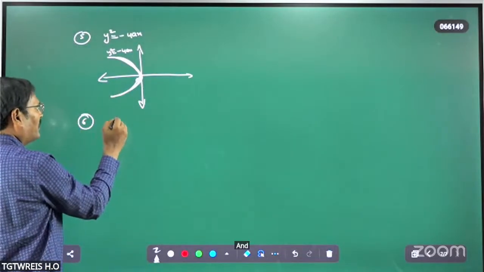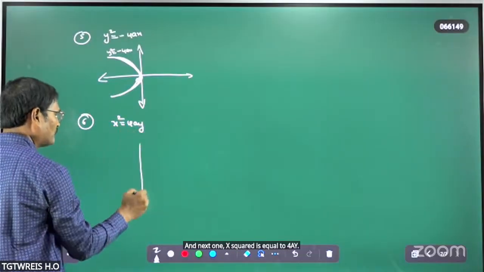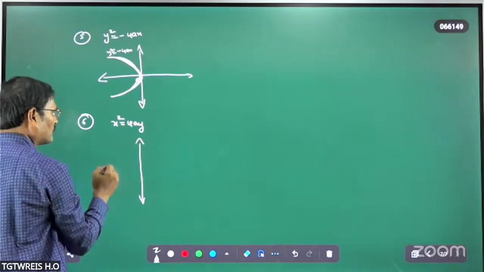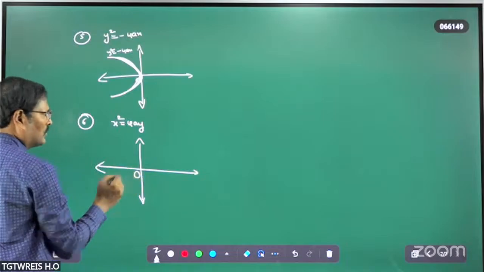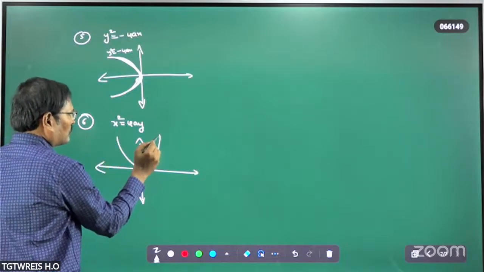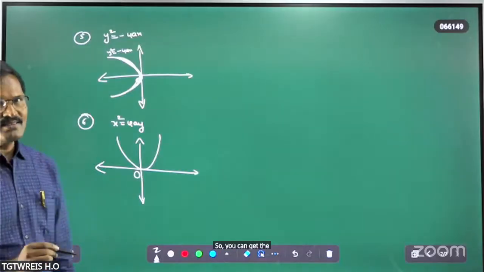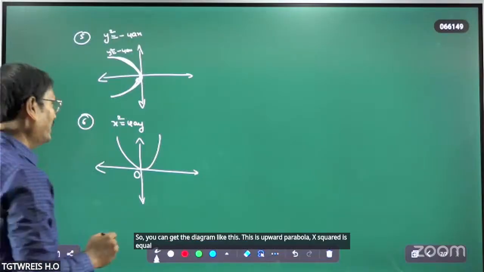And next one, x square is equal to 4ay. So you can get the diagram like this. This is an upward parabola, x square is equal to 4ay.